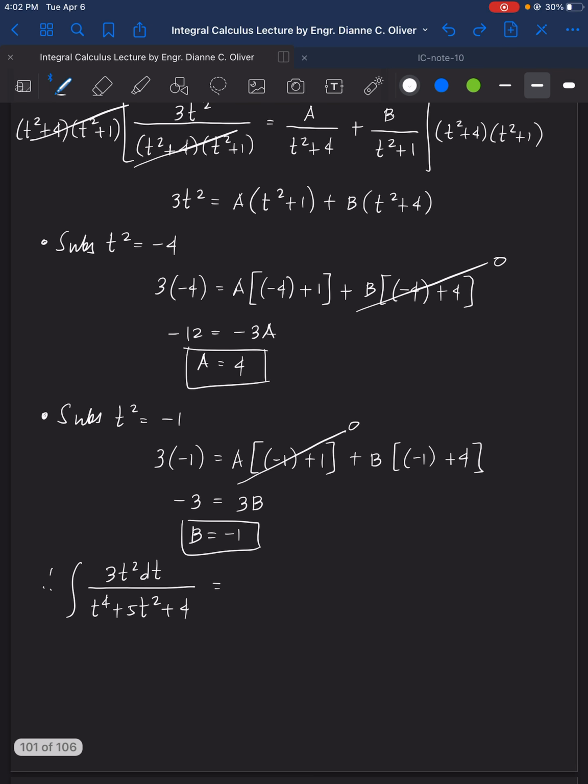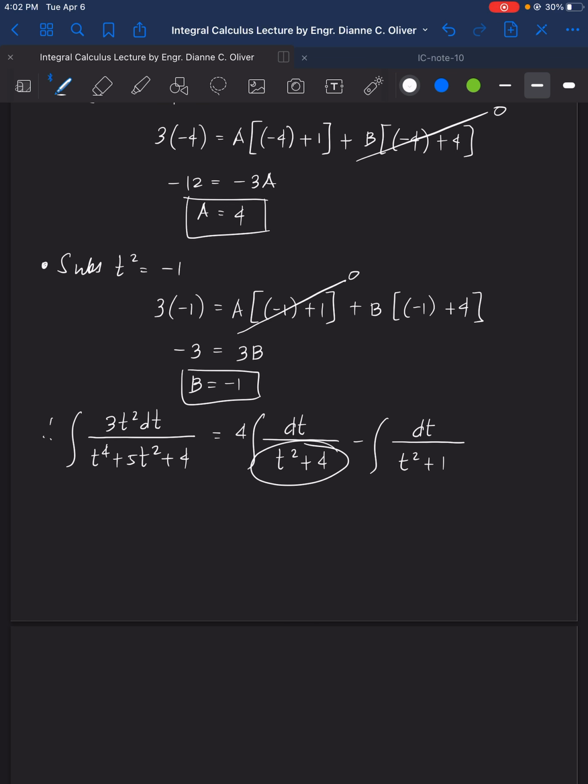So that is equal to 4 integral of dt all over t squared plus 4. Then here the value of B is negative 1, dt over t squared plus 1. So can we use a logarithmic function here?